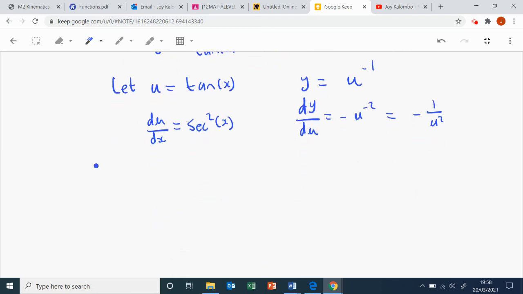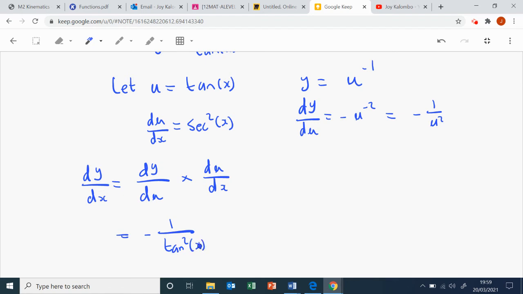Okay, now dy dx, of course, is equal to dy by du multiplied by du by dx. dy du is minus 1 over u squared, which is minus 1 over tan squared of x. If u was tan, then u squared is tan squared x, multiplied by du dx, which was sec squared x.